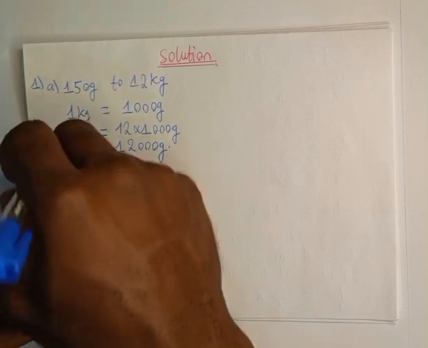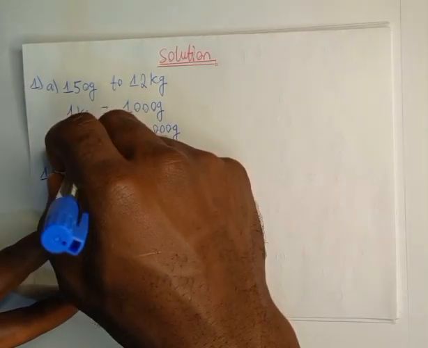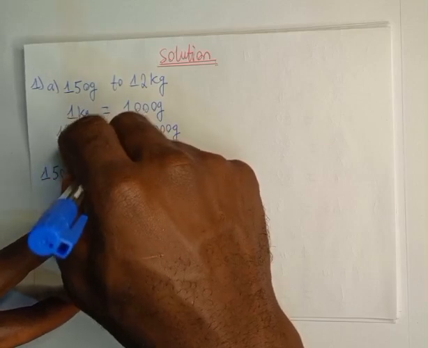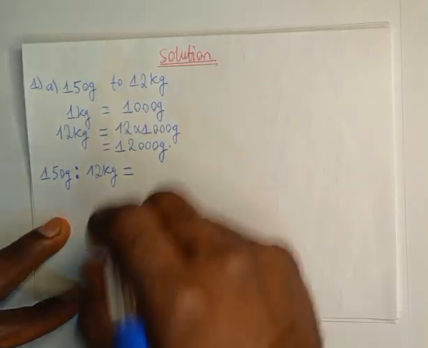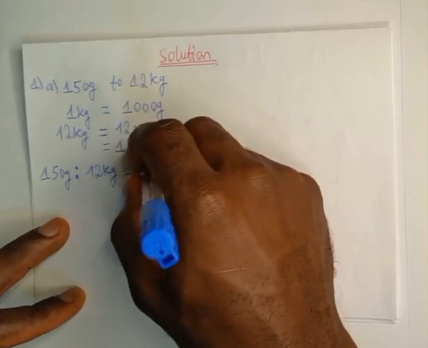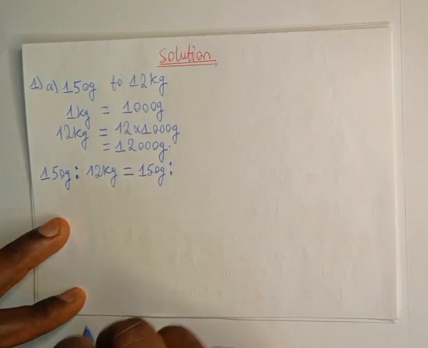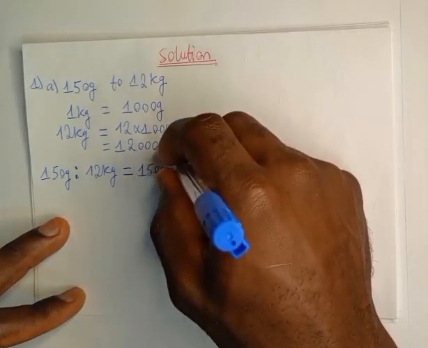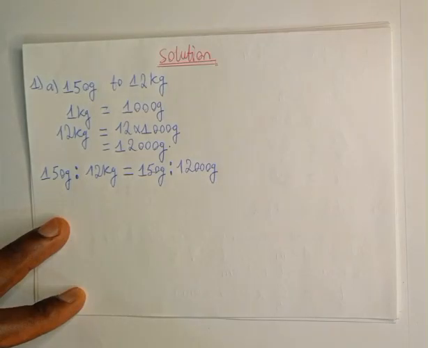Now let's continue. If we take 150 grams to 12 kilograms, it will simply be equal to 150 grams to, we are going to replace 12 kilograms with 12,000 grams.